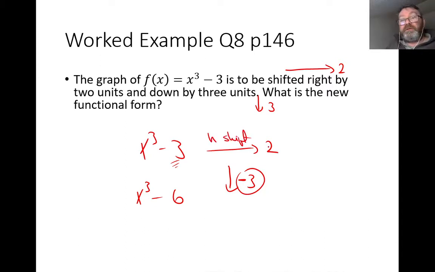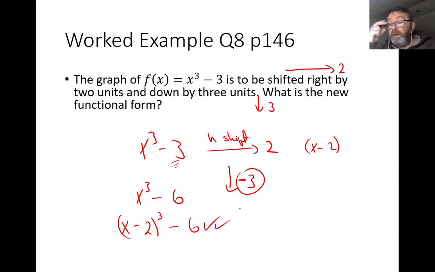We're going to the right, and the only way that I can get plus 2 out of that is by x minus 2. So what I'm going to have to do there is change this x to (x minus 2) cubed minus 6. And that is the new functional form of what was x cubed minus 3.